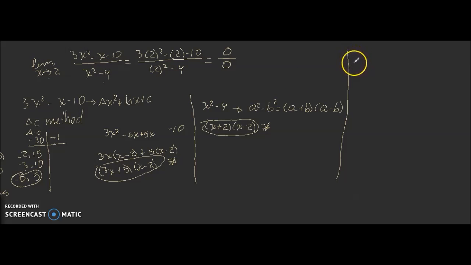So I'm going to say limit as x approaches 2 of my top expression, which is this factor, 3x plus 5 times x minus 2, divided by the factorization of my bottom expression, which is x plus 2 times x minus 2.